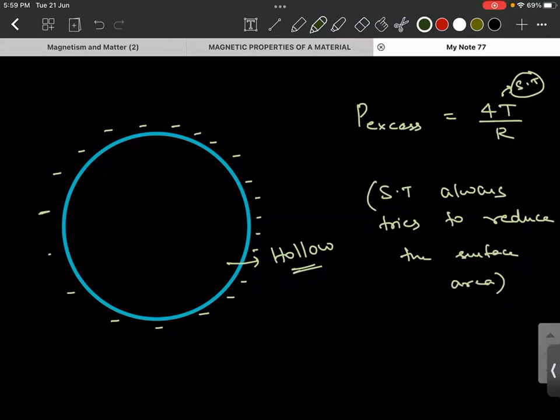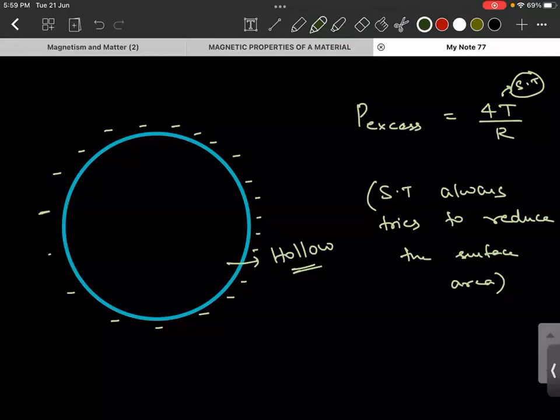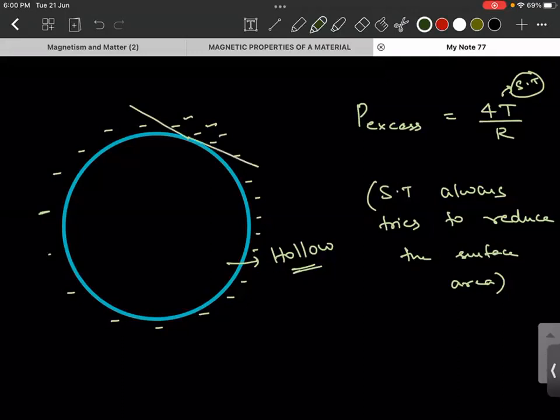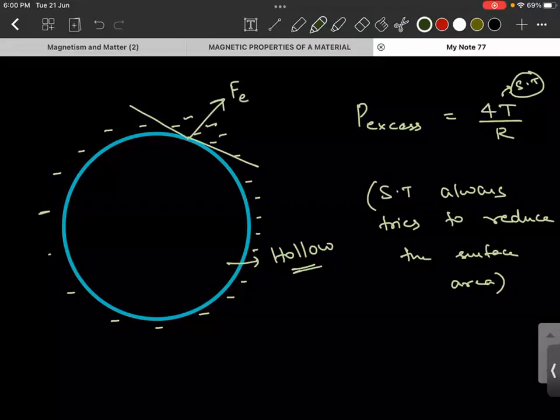Surface tension will always try to reduce the surface area. But in this scenario, all the charges are sitting on the surface, and negative charge repels negative charge, as a result of which the electrostatic force acts in the outward direction, and the force due to surface tension acts in the inward direction, which I can write as T into 2 pi r.